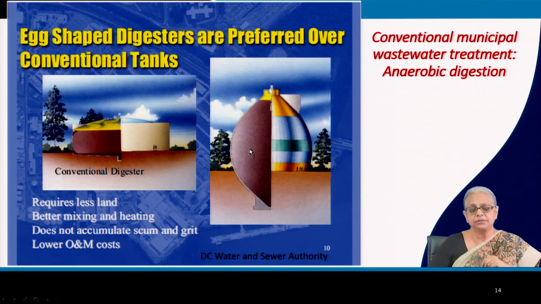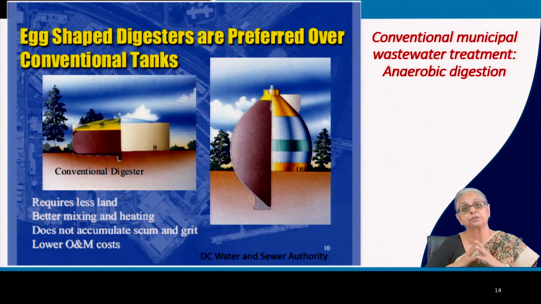As the flow increases, you get more volume that can be utilized, and this shape helps in providing high efficiency no matter what the height to which the wastewater is present in the reactor. So these are some of the advantages of egg-shaped digesters.